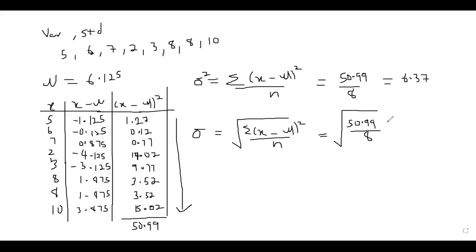And the standard deviation is the square root of the variance, the square root of 6.37, which gives us 2.52. That is how we get our standard deviation and our variance.